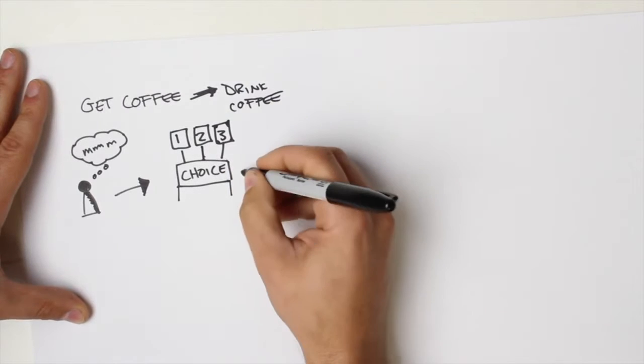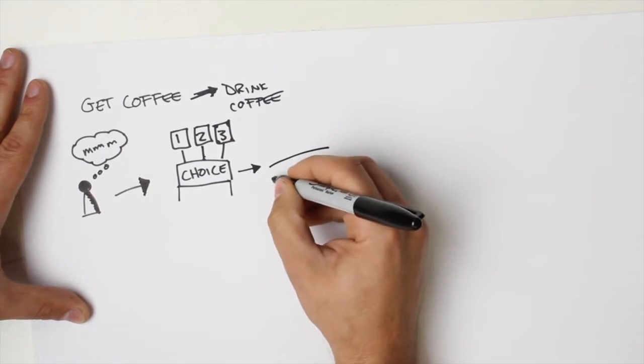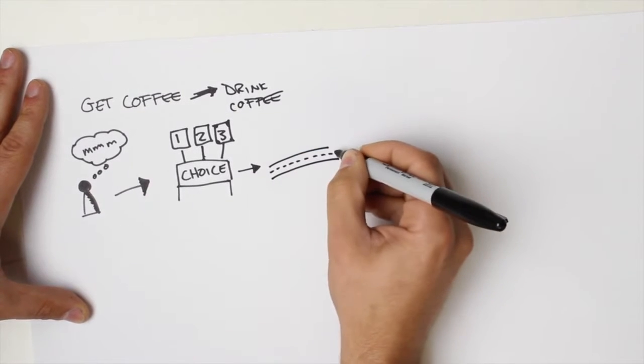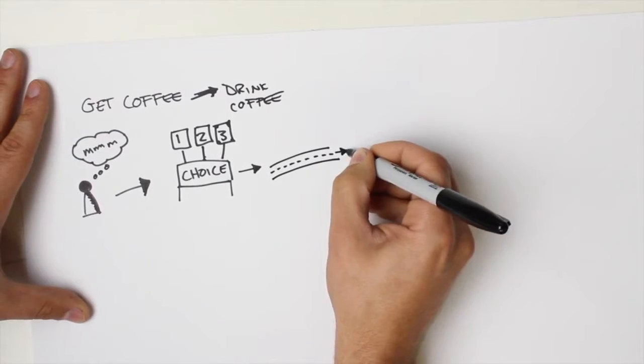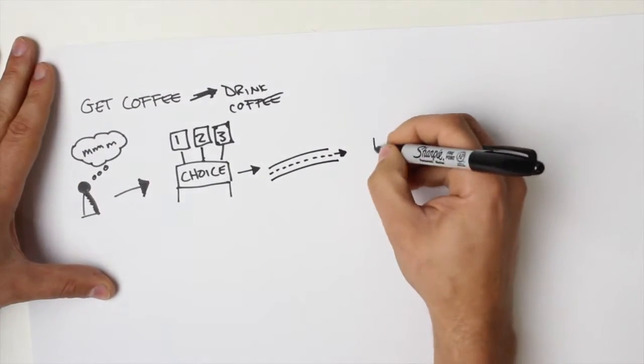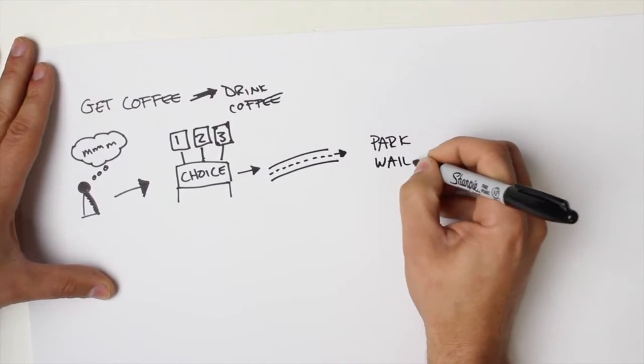wins. What happens next? What happens next is you got to get to the coffee shop. So there's a trip towards getting the coffee, and that's why we have an arrow here. What happens next? Well, next you have, let's say they drove and they had to park and walk.